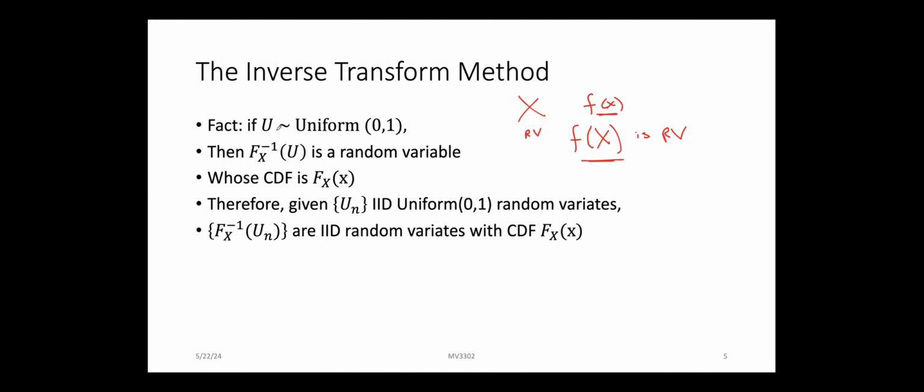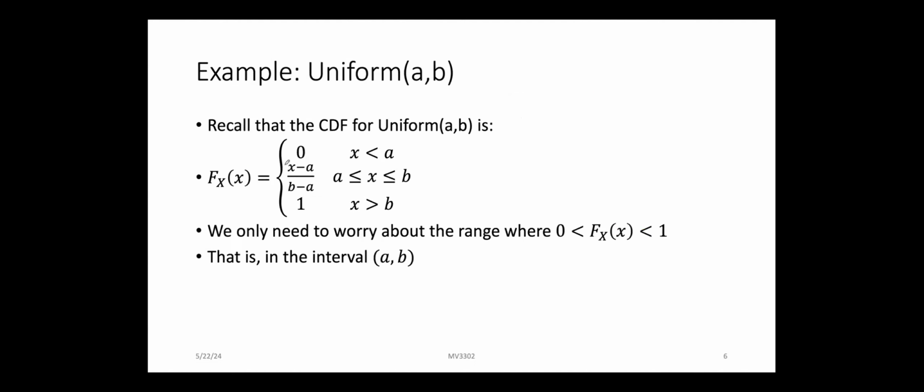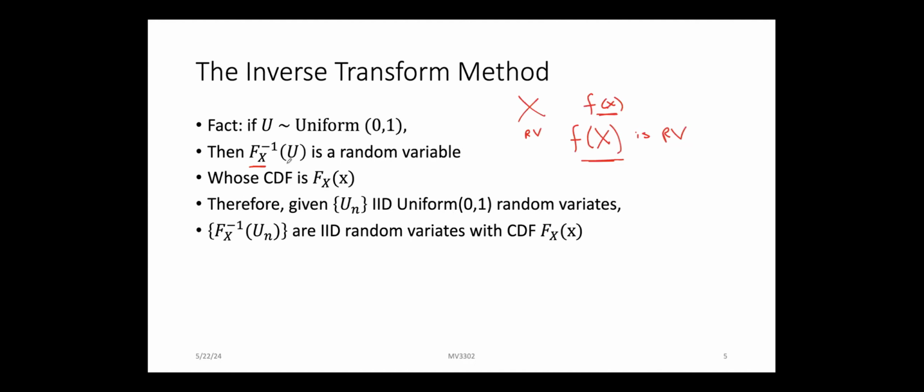So therefore, let's say I have a uniform 0, 1 random variable, just to pick one totally at random. Now I have this other random variable X that I'm interested in, and that random variable X has a CDF, and that CDF has an inverse because it's monotone, and this inverse is just an ordinary function.